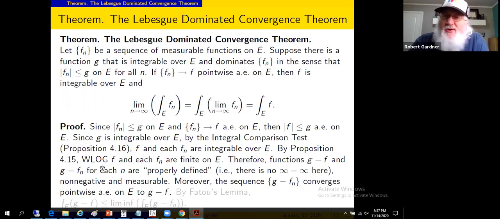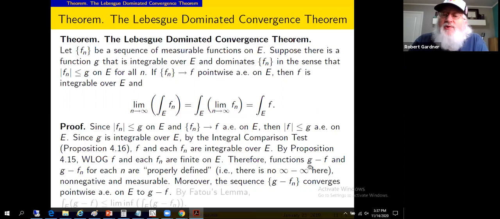So a set of measure 0 pops up where this function and the f sub n's may not be finite, and we can throw all those points away because that simply involves a set of measure 0, and sets of measure 0 don't affect any of these integrals. So we can remove those sets from all of those integrals.